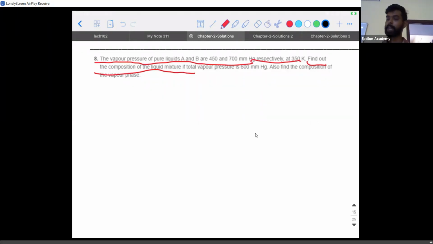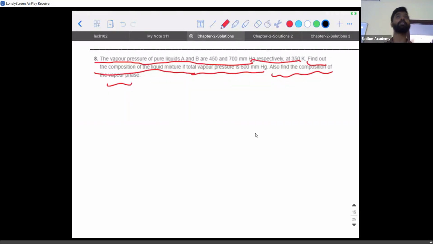So find out the composition of the liquid mixture means find out the mole fraction of A and mole fraction of B in liquid phase. I'll talk about only the liquid phase. If the total vapor pressure is 600, they're giving you what? P total is given. Now they're also asking you to find the composition of the vapor phase.